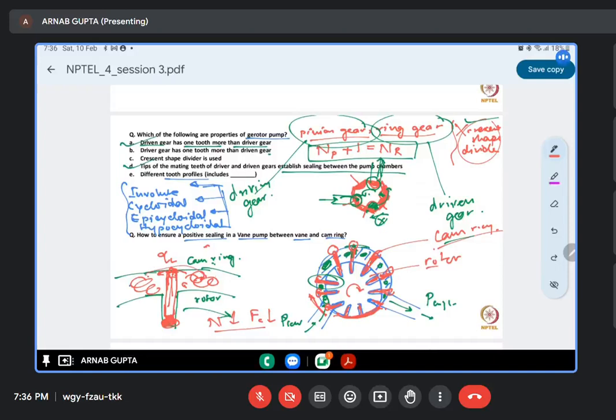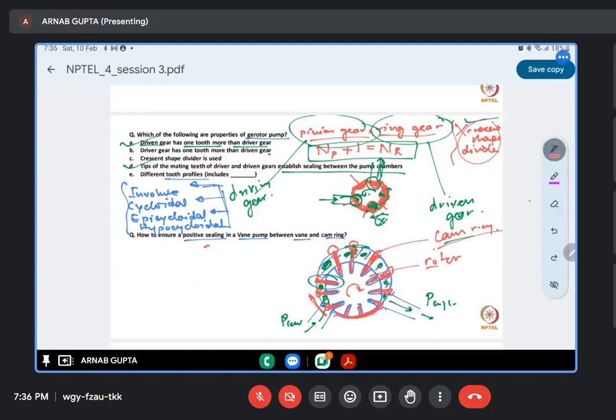We apply some system pressure or some hydraulic loading is given. Generally, this is done under low speed conditions.